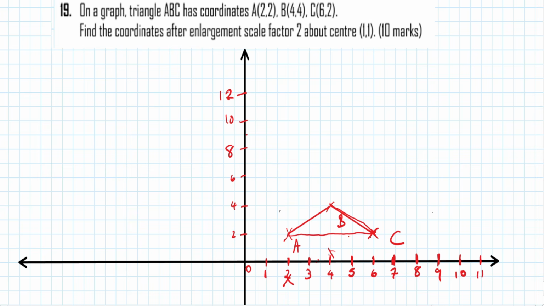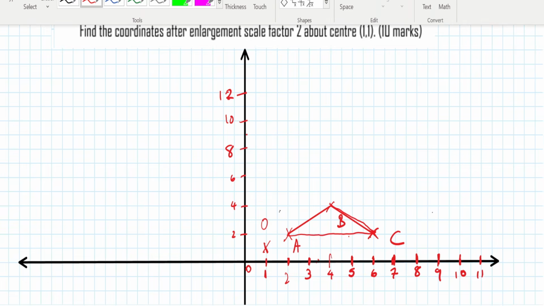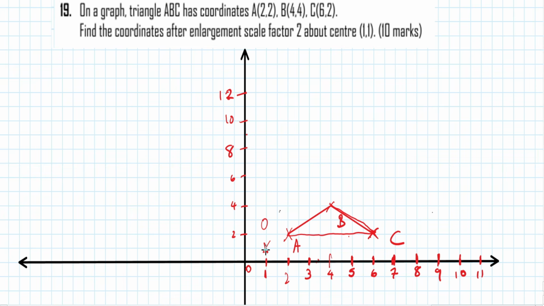Now for the other part, we've been told to find the coordinates after the enlargement scale factor 2. The center is (1, 1), which is here. This is our center of enlargement O. And now we've been told to find the coordinates after enlargement. So yeah, very easy. So this will be 1, that's the center.